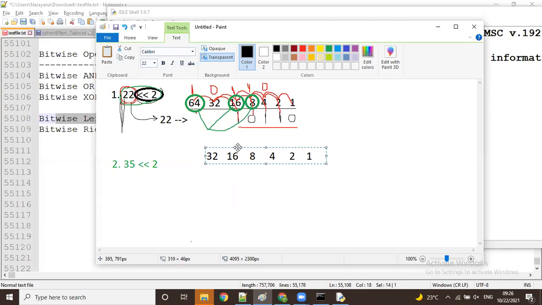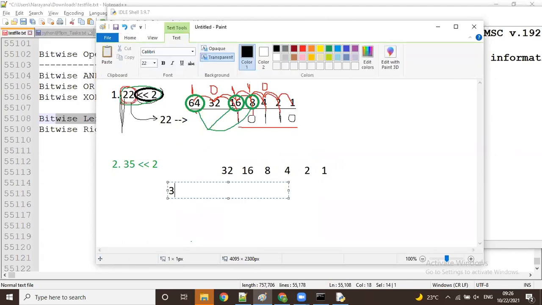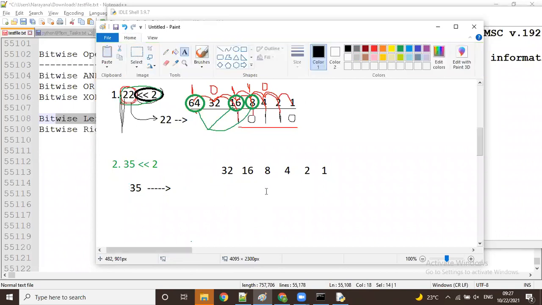Now what do I do here? First of all, for 35, I'm going to take the binary values. Tell me now, to get 35, what is required from here?